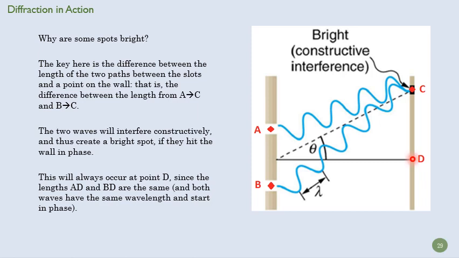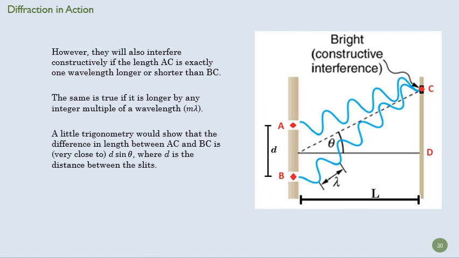Okay, D here is always going to be a bright spot, because the distance from A to D is the same as from B to D. So if they're in phase here and they travel the same distance, they're going to be in phase right there. So we can get a bright spot at D where that length is the same.